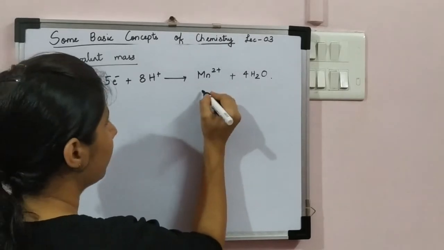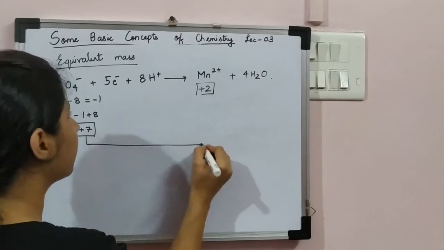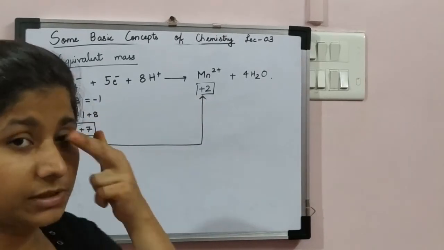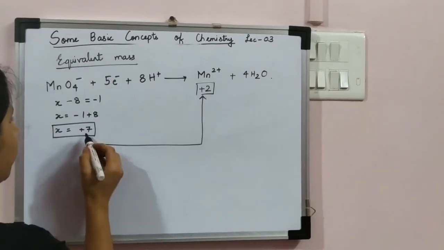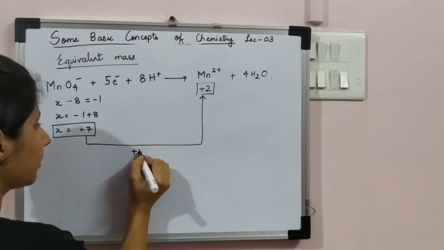What is the charge of Mn here? It is plus 2. Now it is reducing, so it is the electrons gained or the total change in the oxidation state. From plus 7 to plus 2, the change is plus 5.